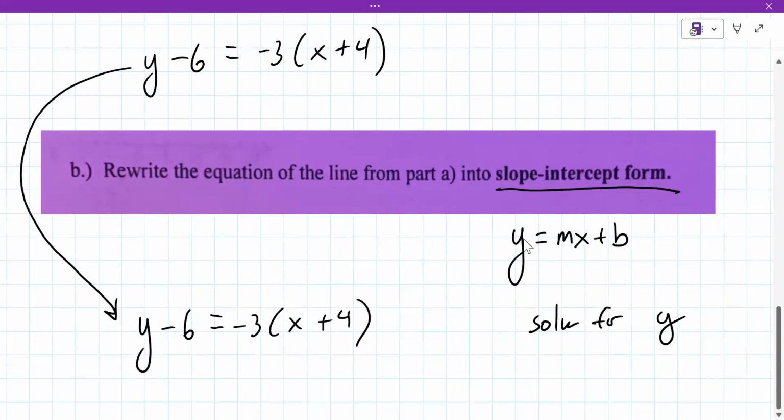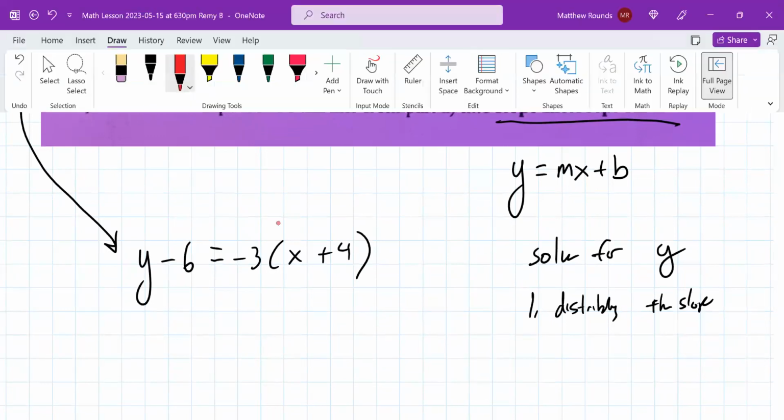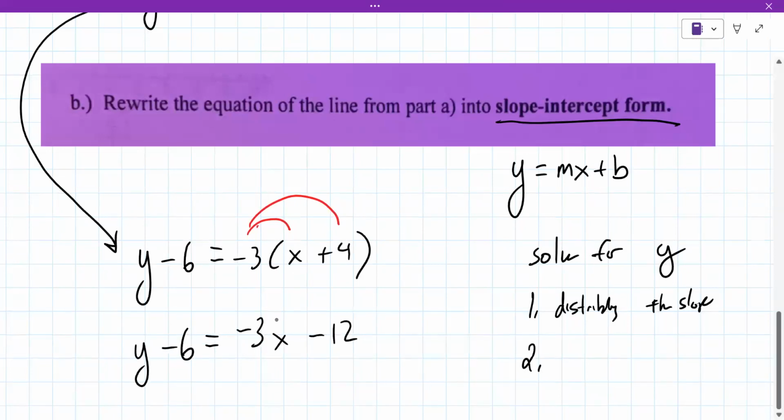There's really a couple things you're doing. The first is you're distributing the slope. So that -3 on the outside of the parentheses goes into both of these on the inside. So that becomes -3x minus 12. And then you have to move the constant to the side with the y.